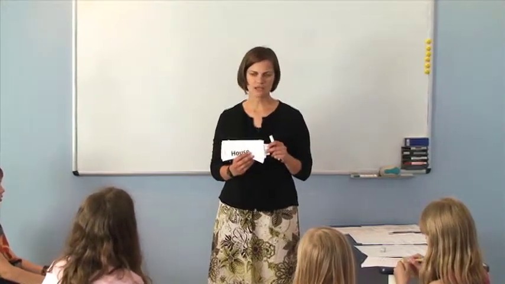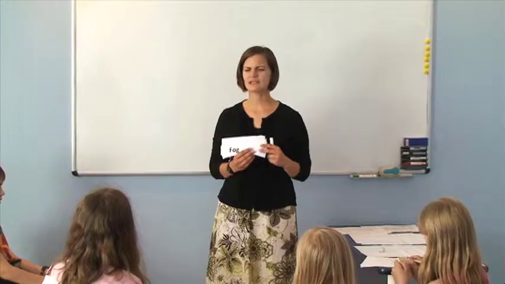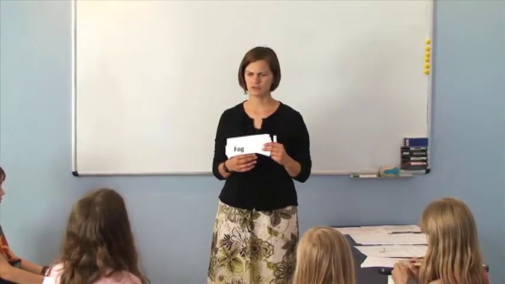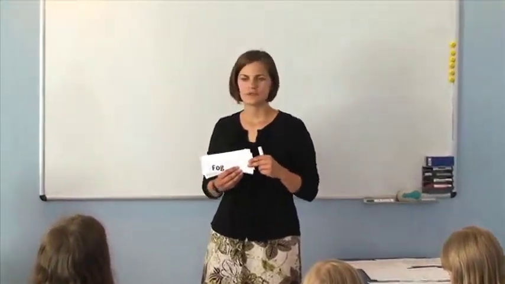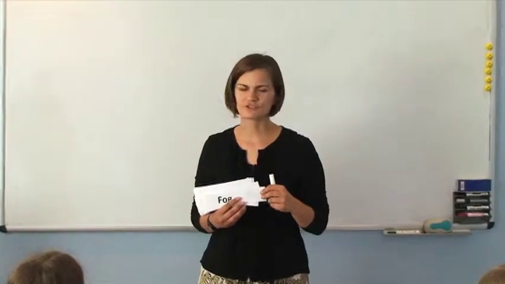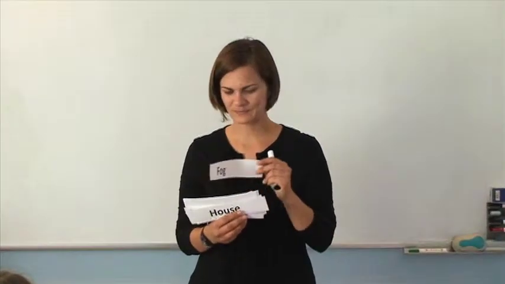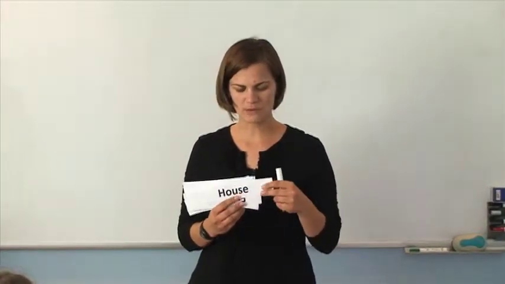When I'm using a non-count noun, do I say there are many fog? No. I say there is a lot of fog, right? Do you say fogs? No, because it's a non-count noun, right? So let's practice a few more and then we're going to move on. You remember this very well.